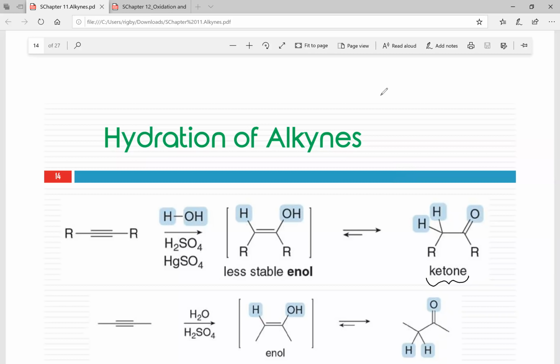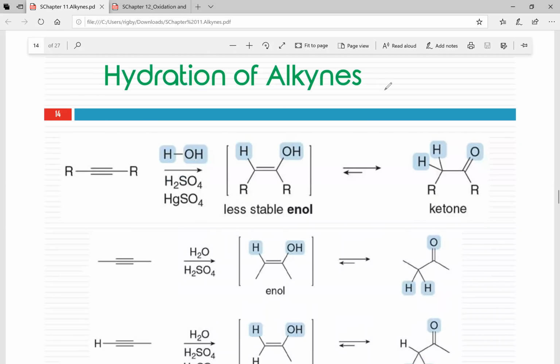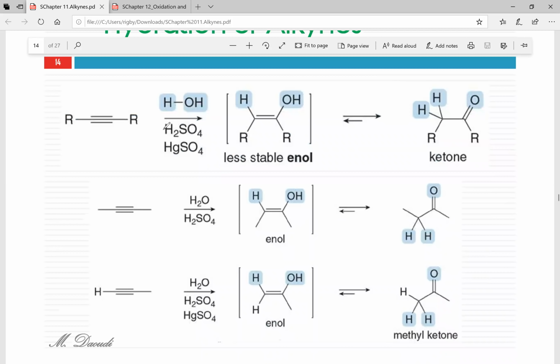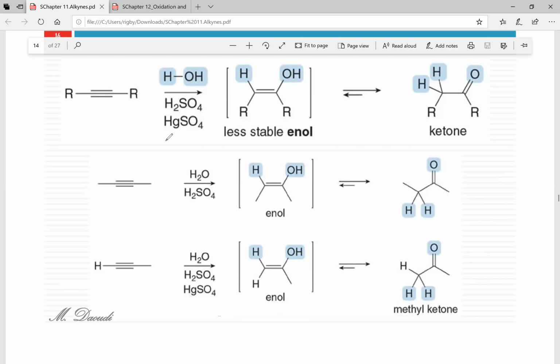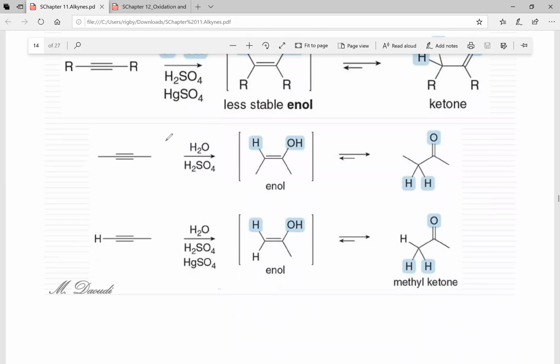The way that this occurs is usually we are going to be using an acid. Usually you'll see the acid that we start with when we do our hydration. In addition, you can see here that when we do hydration with an acid, with an alkyne, no matter what, we're going to end up with a ketone. If we had just 2 carbons here, it would end up as something else.